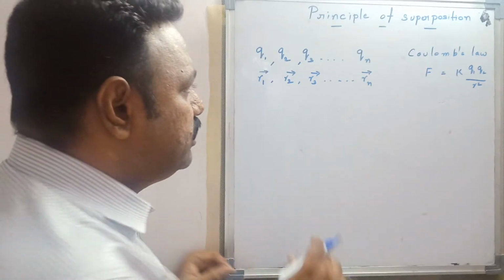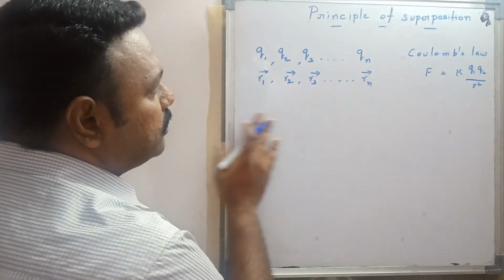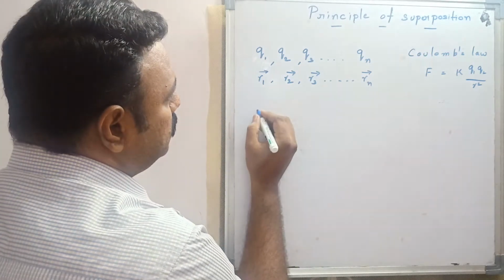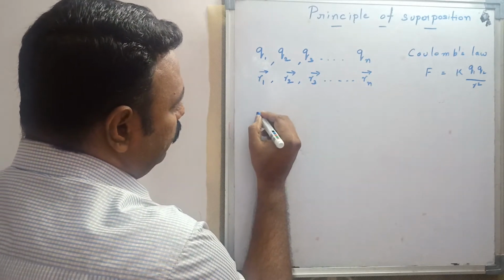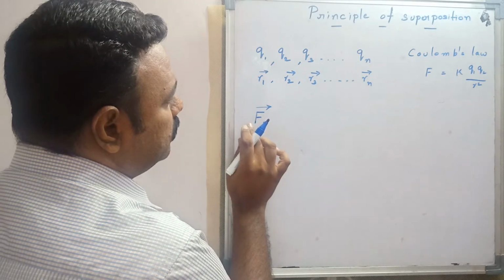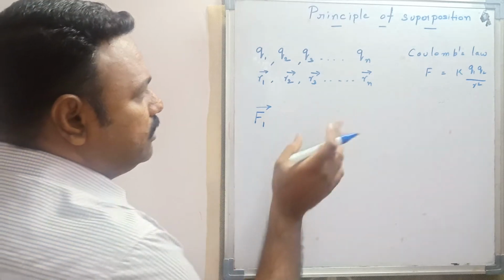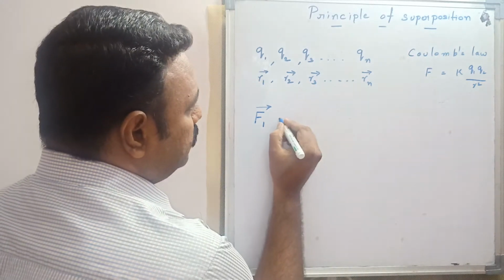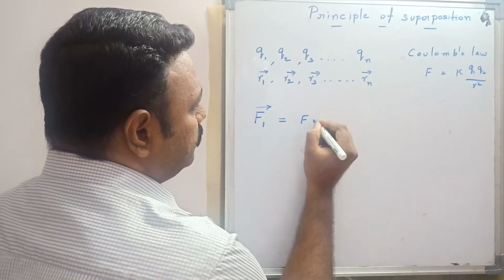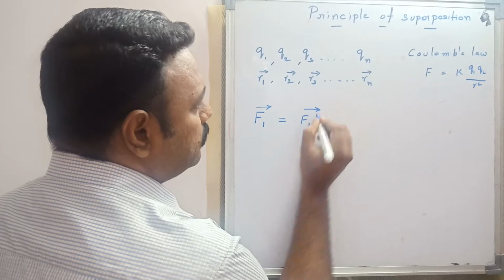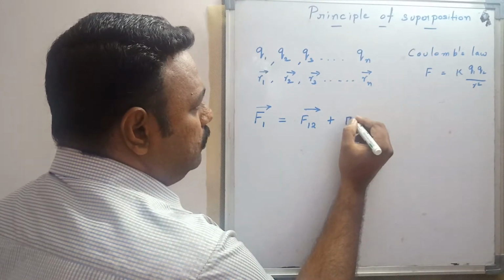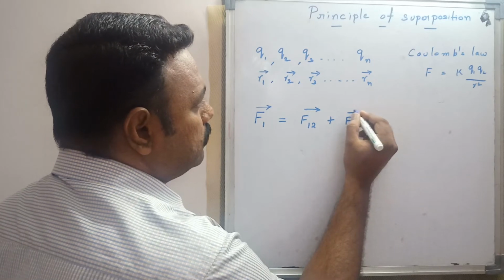As we know, the vector form of Coulomb's law. What is the vector form of Coulomb's law? You can just write the equation as follows. For example, if I am going to write the equation for F1 vector, that is the force on the first charge because of the other charges present around it, we can write F1 is equal to F12, meaning the force on the first charge by the second, plus the force on the first charge by the third.